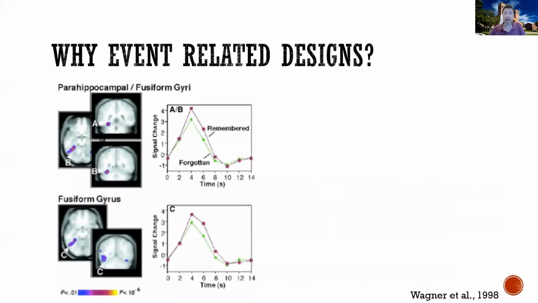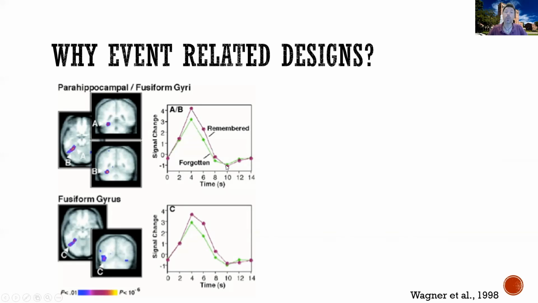Just to give you an example of what happens here, there are two parts of the brain that seem to respond differently, or rather that were engaged differently while participants were looking at remembered versus forgotten items. Turns out in the temporal cortex, in the parahippocampal and fusiform gyri, there are two areas where when the items were remembered, the activation was stronger.